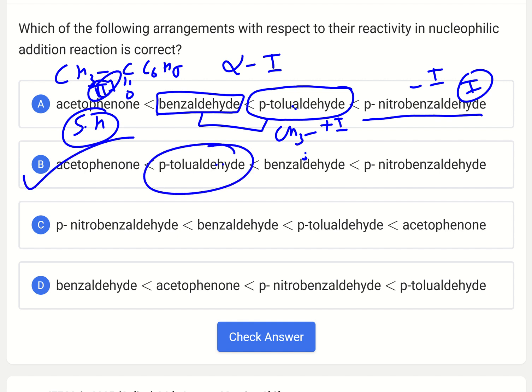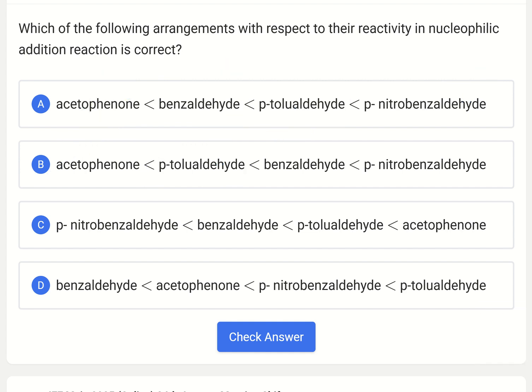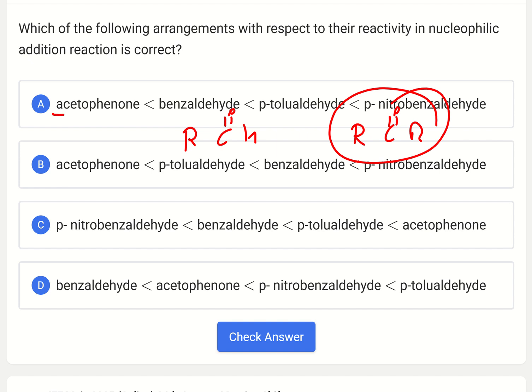Why? We clearly know that in R C double bond OH and R C double bond OR, ketones are less reactive than aldehydes. So no need to compare ketone with these two. Right?